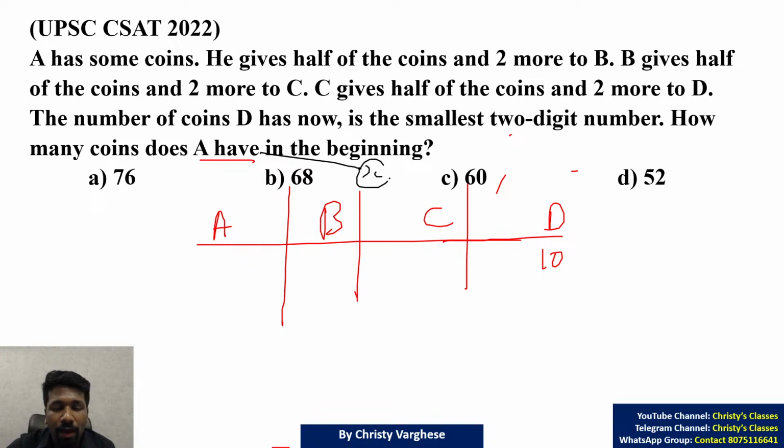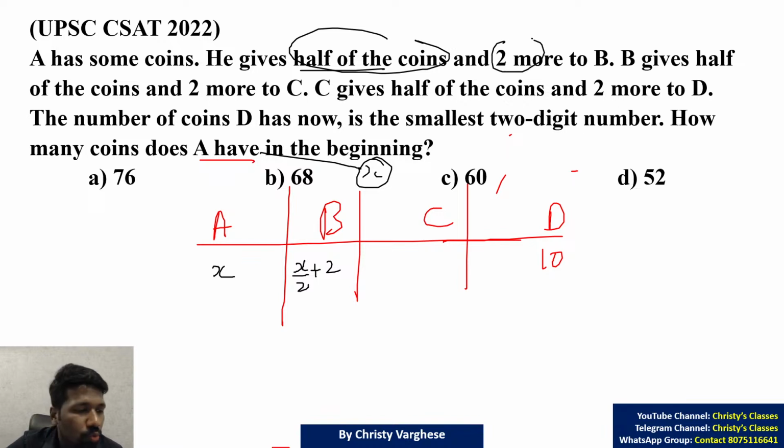A has how many coins in the beginning? x coins. He gives half of the coins and 2 more to B, means x by 2 coins he is giving to B, and 2 more to B means how many coins B will have? x by 2 plus 2. Half of x plus 2. Now B gives half of the coins and 2 more to C, means half of this plus 2.